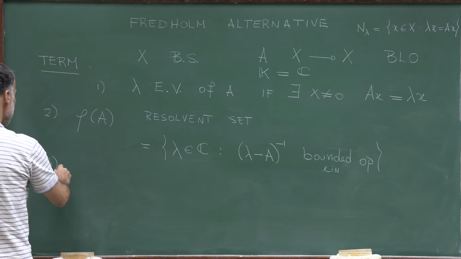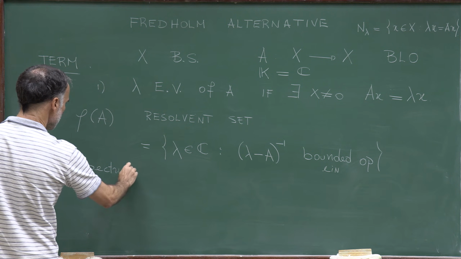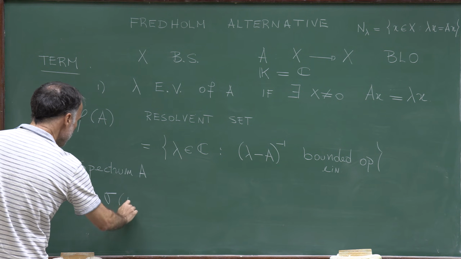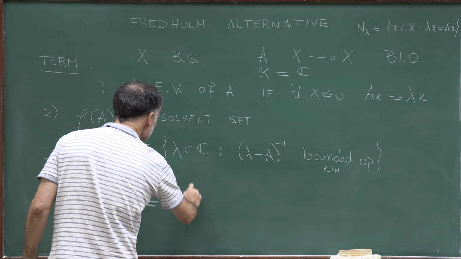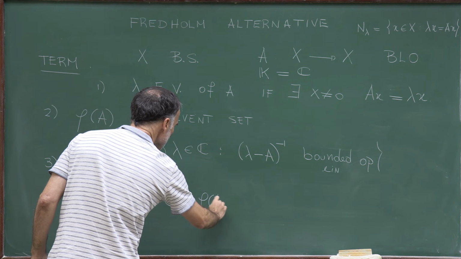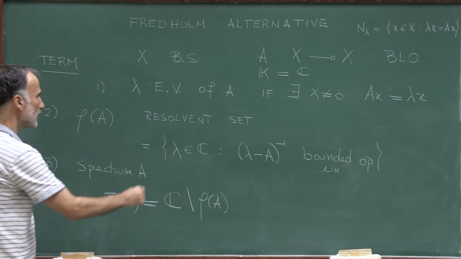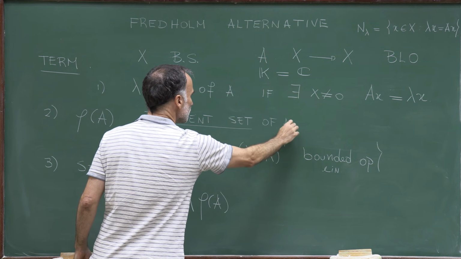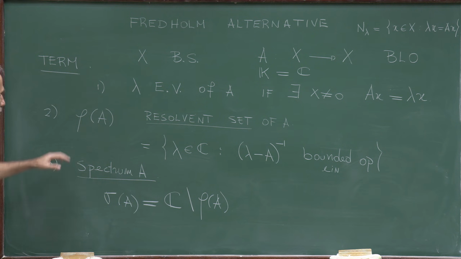And now we have the spectrum of A, represented by sigma of A. And sigma of A is the complex plane minus the resolvent set of A. So here I defined the resolvent set of a bounded linear operator A and the spectrum of A by these two identities.